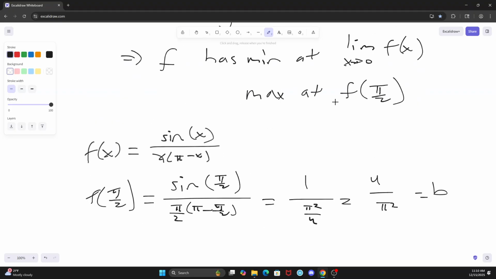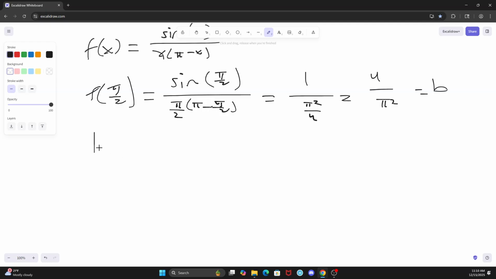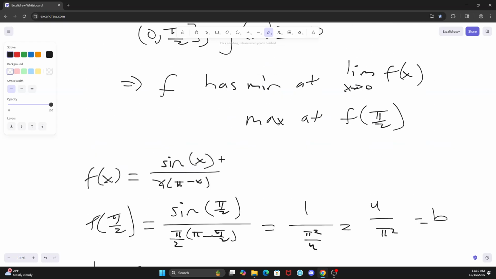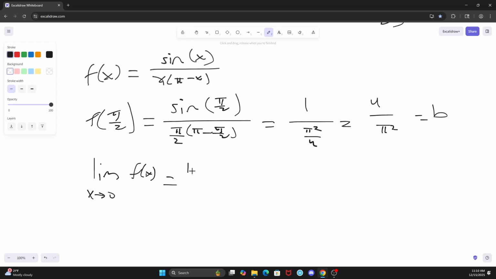And then its minimum is its limit as x approaches 0 of f of x, which is equal to the limit as x approaches 0 of sine of x over x times pi minus x.